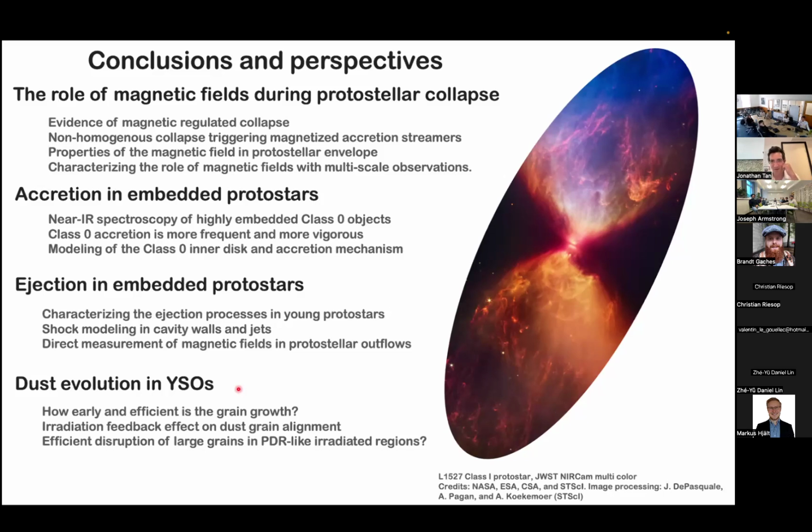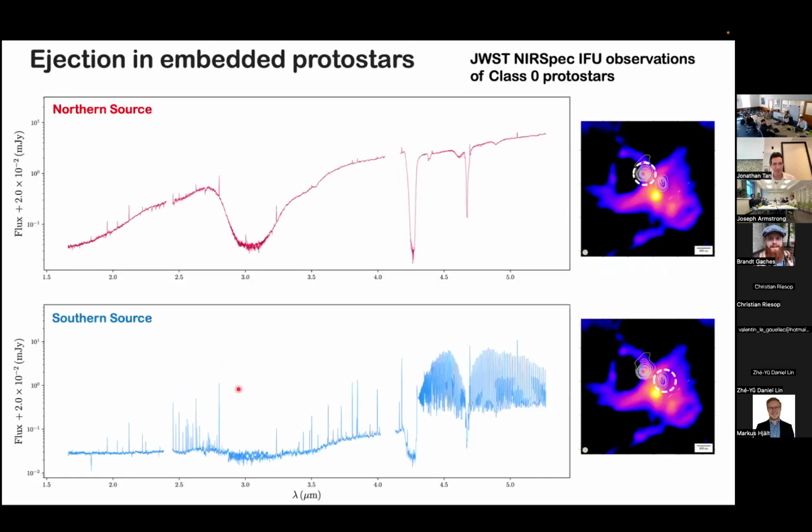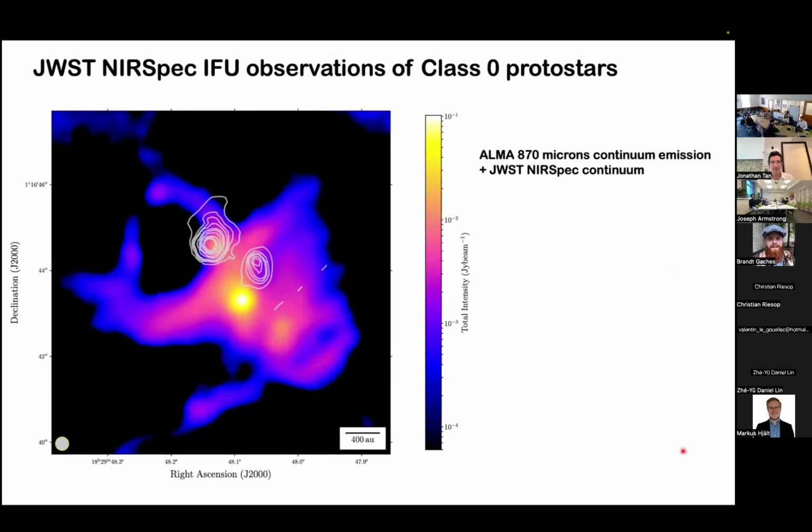Okay, go ahead. Could you go back to the JWST ALMA image with the contours? So on the right, we're not seeing three different protostars. We're seeing the central protostar surrounded by the disk in ALMA, and then those dashed contours are the irradiated outflow or envelope. Or are those two other protostars that are forming? So the contours here trace the James Webb continuum.